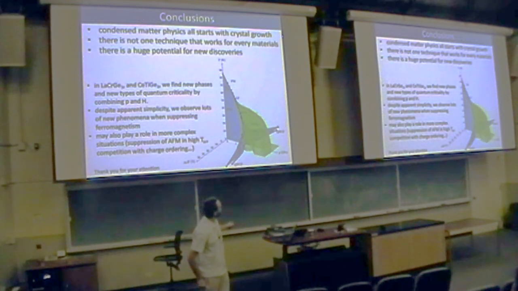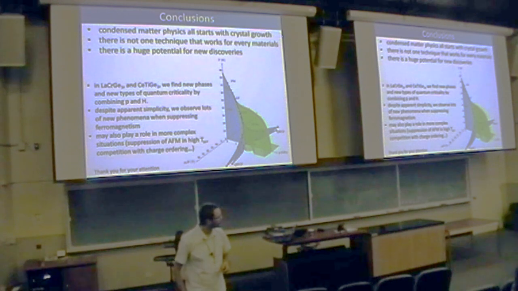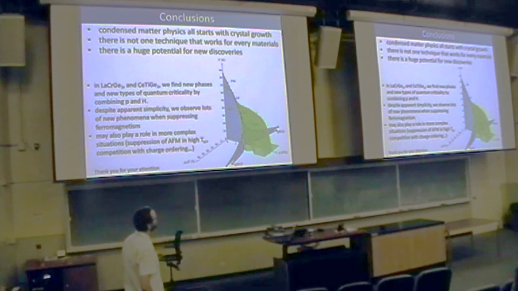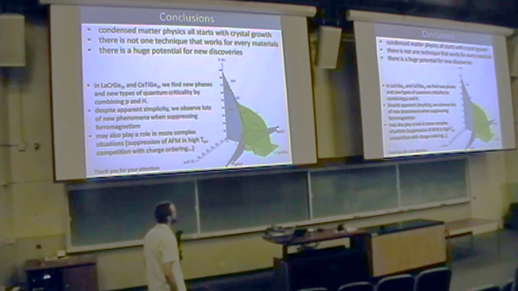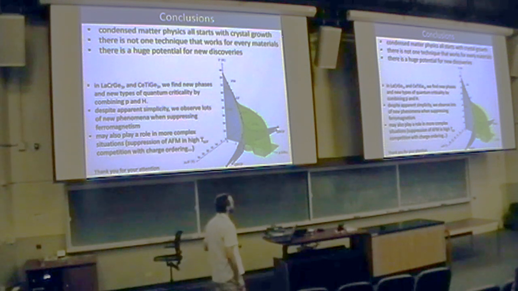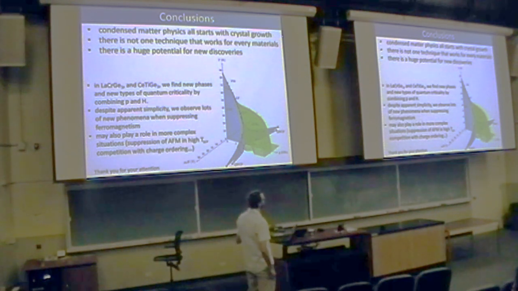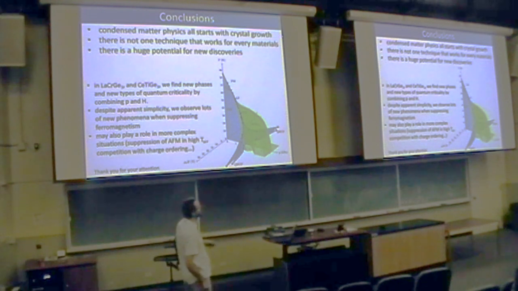So now the second part of the conclusions. With these two compounds, lanthanum chromium germanium 3 and cerium titanium germanium 3, we find new types of phase to avoid quantum criticality.